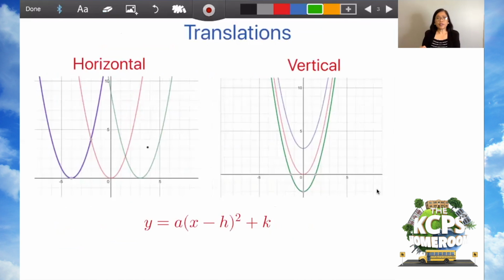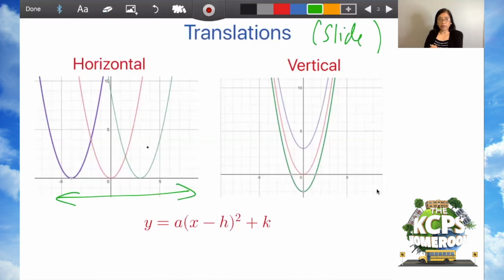Let's review some of the vocabulary words. When we talk about translations, we're talking about sliding an object. In this case, we have the graph here of a parabola. For horizontal translation, we're looking at the movement of the graph from left to right, sliding it along the x-axis.